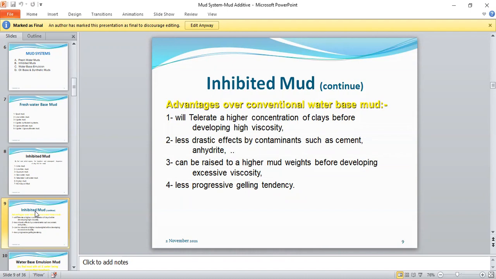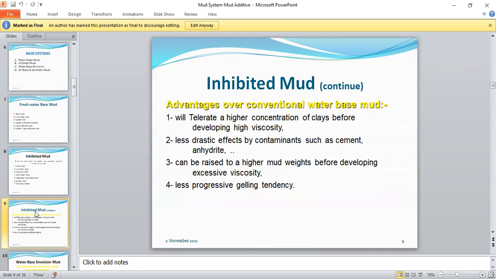But freshwater mud, as you're increasing the weight, begins to have problems. The mud pumps are beginning to struggle, the solids inside are too much, and it will not carry your cuttings out of the well properly. But inhibited mud systems can accommodate. They will still look like fluid, functioning very well.